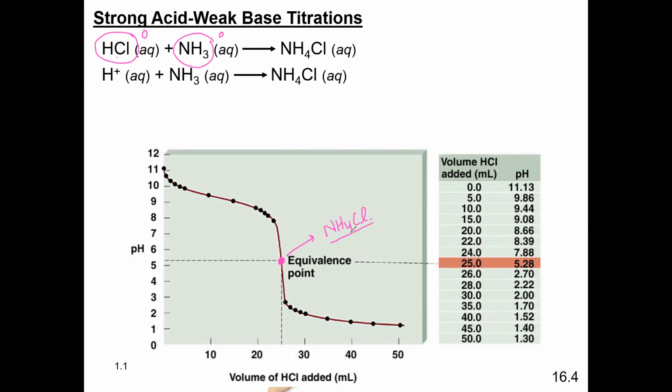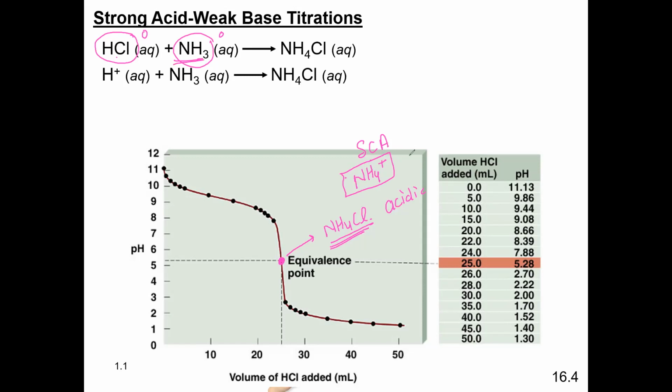What kind of salt is this? Acidic. Because ammonium is the conjugate acid of this weak base. Ammonium is a stronger conjugate acid, the type of salts which we have already done. So that is the one that is going to control the pH.